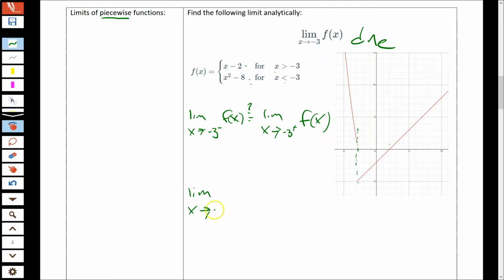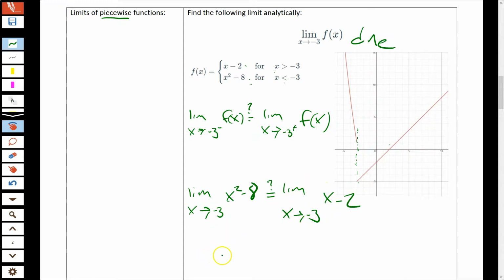So my left-hand limit of f of x is the limit as x approaches -3 of x squared minus 8. And we're checking to see if that's equal to the limit as x approaches -3 of my right-hand piece, where x is bigger than -3, which is x minus 2.